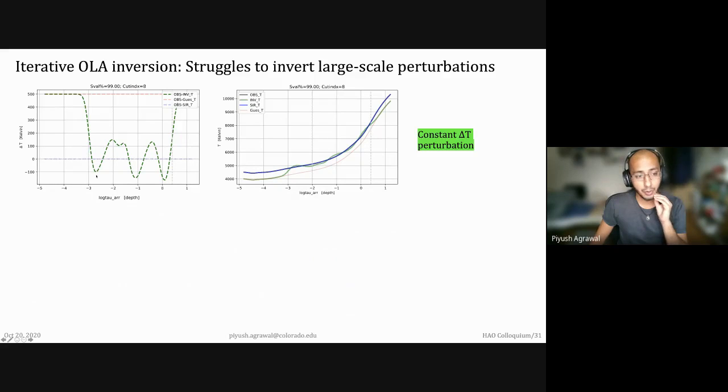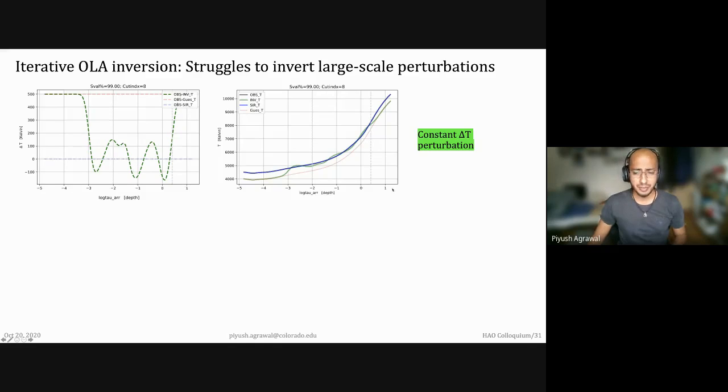OLA really struggles to invert for this constant one, but SIR does a really, really good job. The SIR curve is flat right here. SIR does a really good job at inverting for this constant perturbation, because by construction, it tries to invert for constant perturbations in the system.